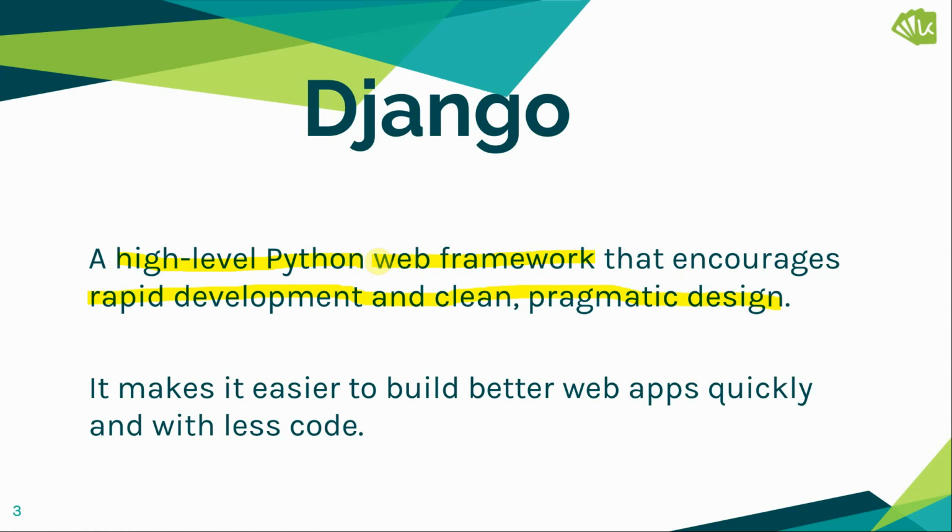So when we say it's a web framework, that means it's a set of web rules with which you can create a web application. Okay, so that kind of defines the web framework part of it. Now going to the high level language, as we all know, Python is a high level language.